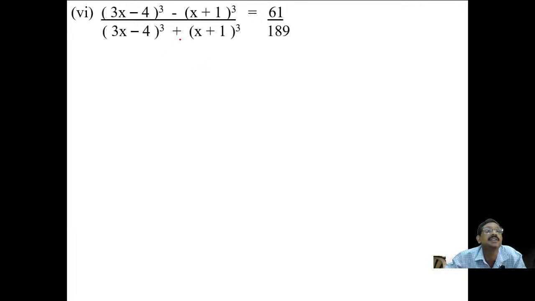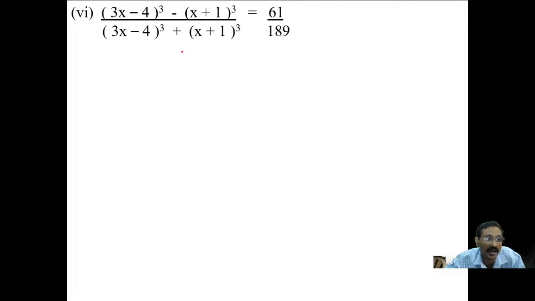Can we take this here, so that to find the value, can we use componendo and dividendo later on? So to use this, the first step is let us use invertendo.